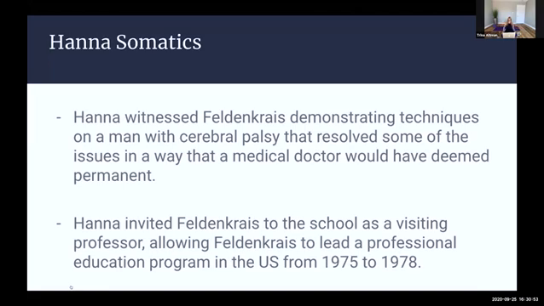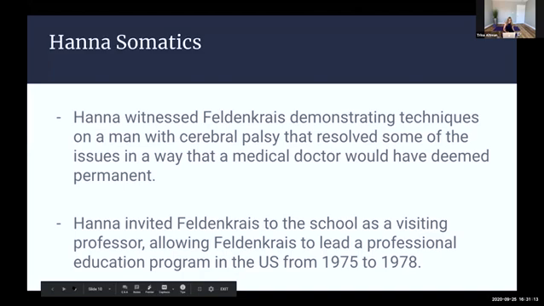between disciplines. So Thomas Hanna invited Feldenkrais to the school as a visiting professor. And then that allowed Feldenkrais to lead a professional education program in the United States from 1975 to 1978.